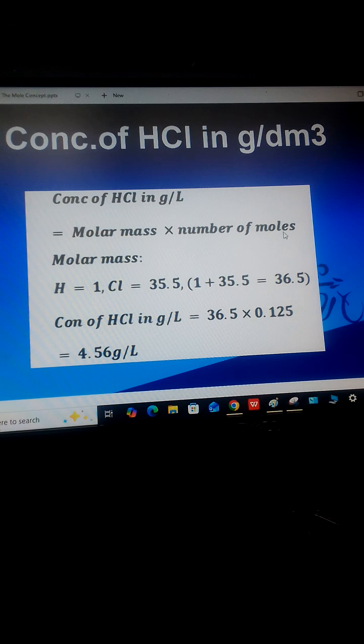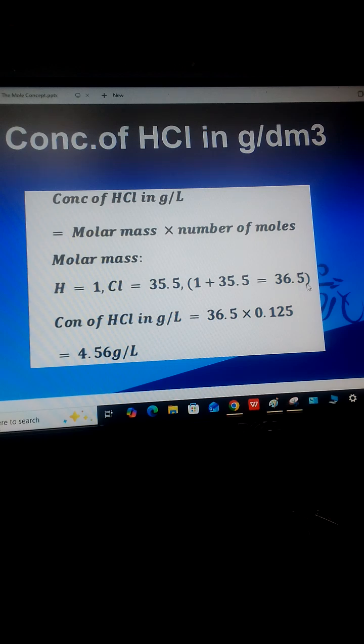We shall be able to get the concentration of this acid in grams per liter. Now, the molar mass of this acid, HCl: the atomic mass of hydrogen is 1, chlorine is 35.5, so the molar mass is 1 plus 35.5, you get 36.5 grams per mole.